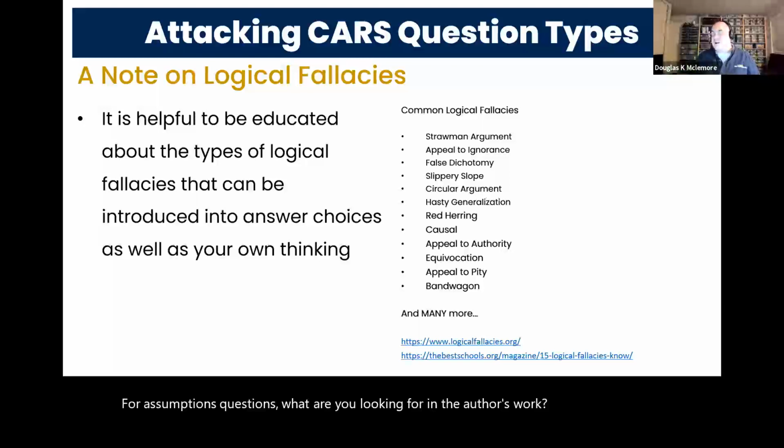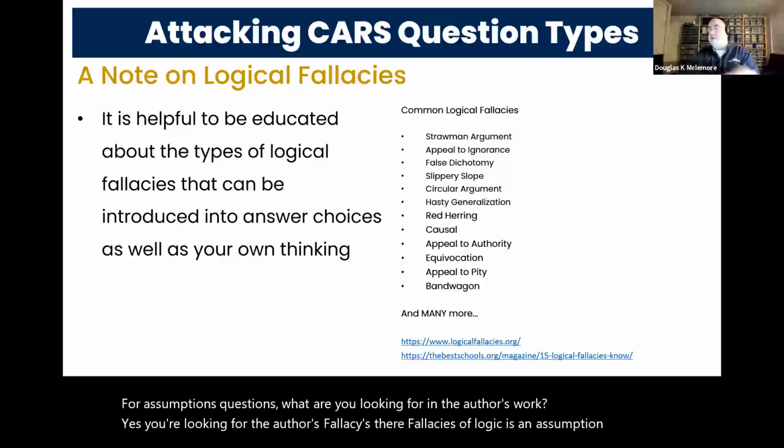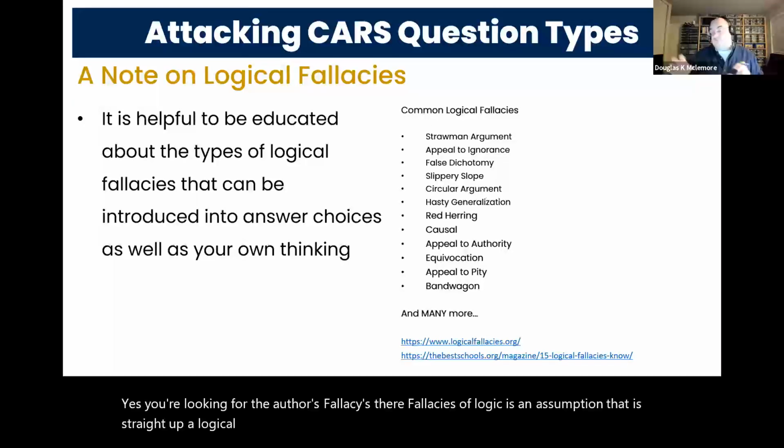Yes, you're looking for the author's fallacies. Their fallacies of logic is an assumption. That is straight up a logical fallacy. So that is identifying a logical fallacy in there.